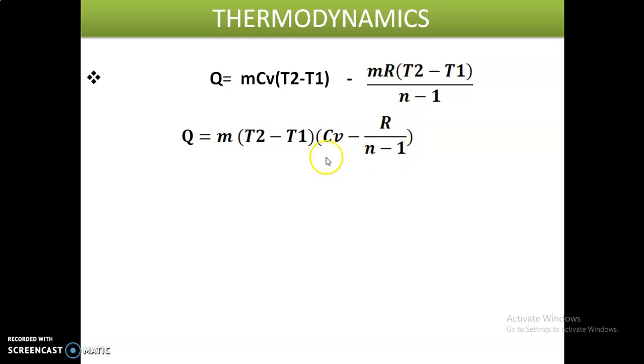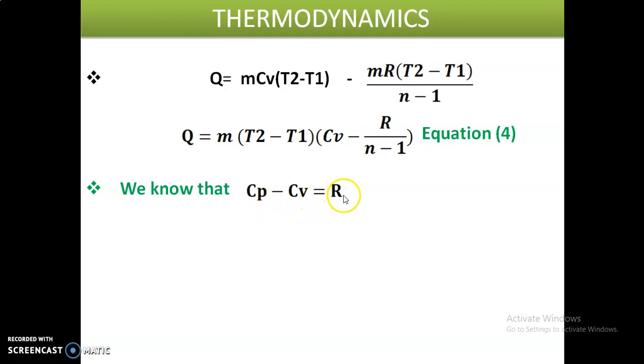Okay. So already we know that Cp minus Cv is equal to R. This is equation number 4. We know that Cp minus Cv is equal to R and Cp by Cv is equal to gamma. From this relation, Cp is equal to Cv into gamma.